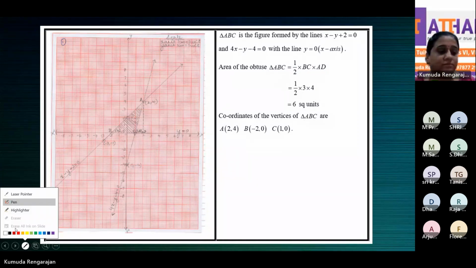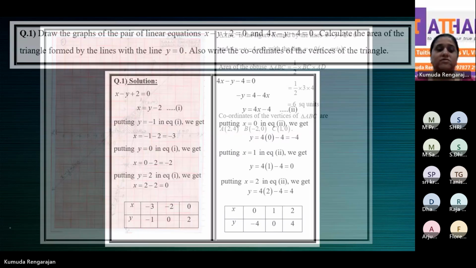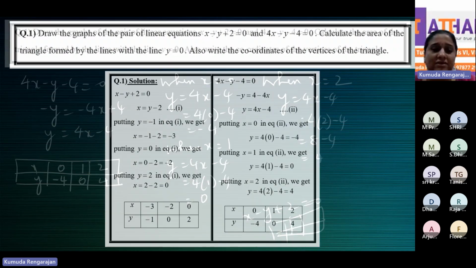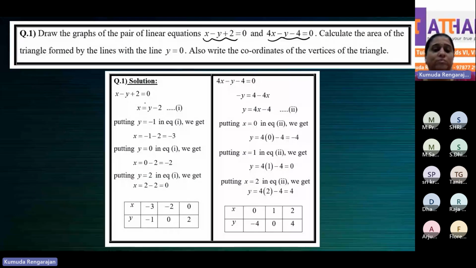Okay. So children, how do we do this? We have two equations. I think I told you how to make the table in the last class. So we have to prepare that XY table like this.